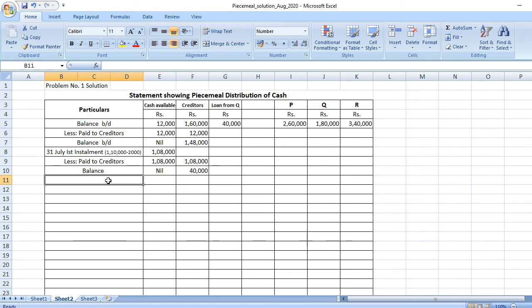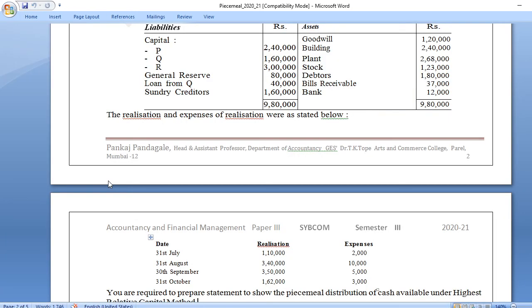So we will consider 31st August realization of 3,40,000 and expenses of 10,000.